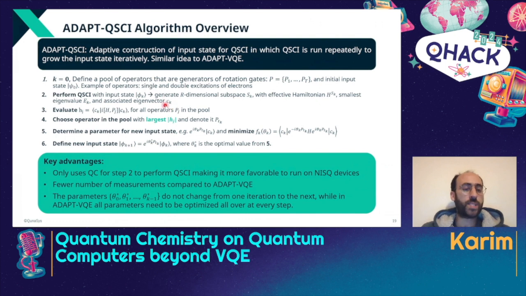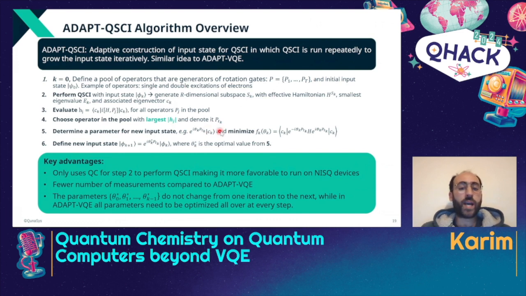And then you use this C_k to evaluate this quantity H, which is basically the expectation value of the commutator of the Hamiltonian with these operators P. And then you choose the operator in the pool with the largest value of H, in absolute value, and you denote it as P_k.